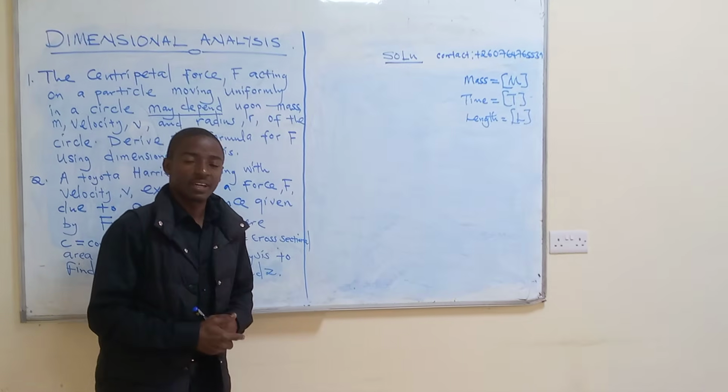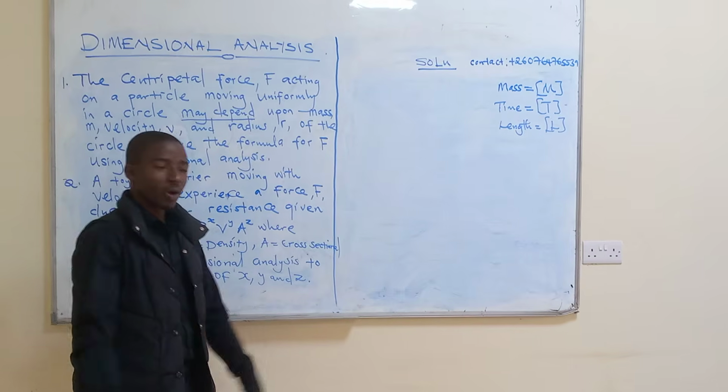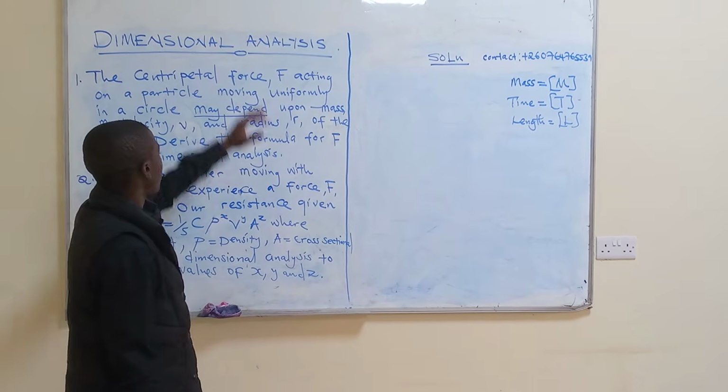My name is Enoch, and this is the continuation from where we ended in part 1 under the revision of dimensional analysis.